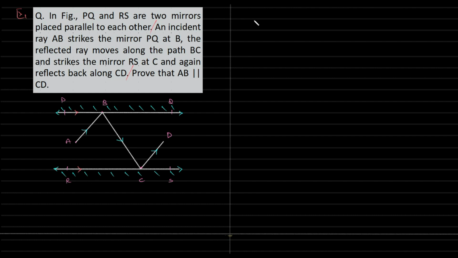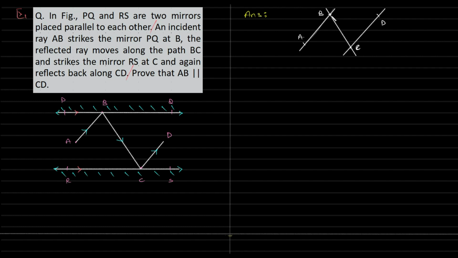Okay, so again, it's too many lines, and you know I would prefer to have a separate diagram when things are complicated. So we have two parallel lines in this manner, AB and CD, and we have to prove that AB is parallel to CD.